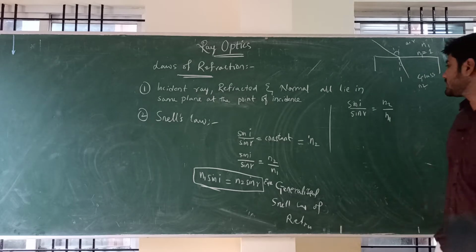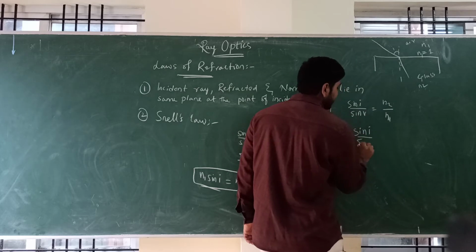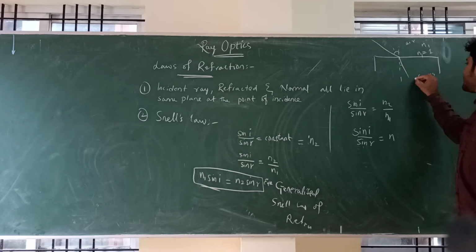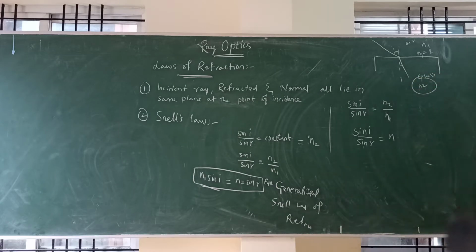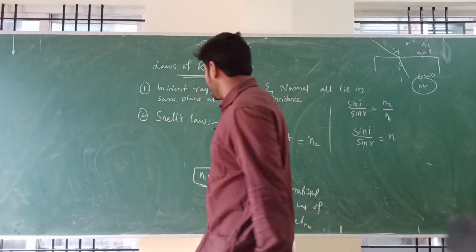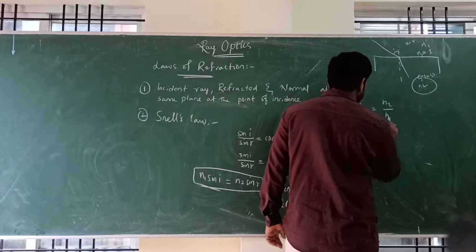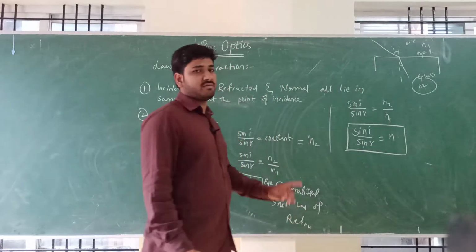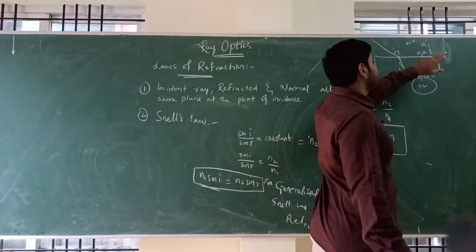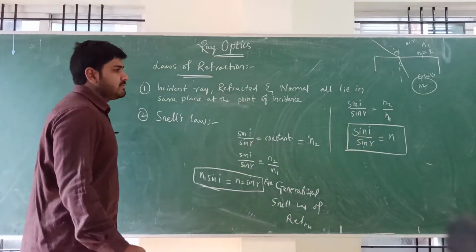If you substitute n1 equal to 1, sine i by sine r is equal to n. Why am I writing n? Because there is only one refractive index, that of glass, and I don't know how much it is. Therefore sine i by sine r is equal to n. Whenever the first medium is air, its refractive index is 1, and sine i by sine r is equal to the refractive index of the second medium.